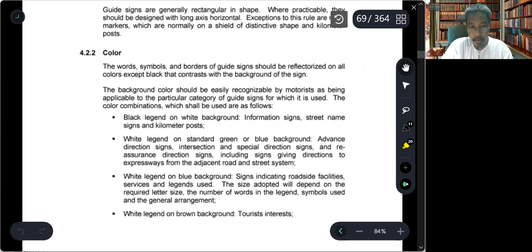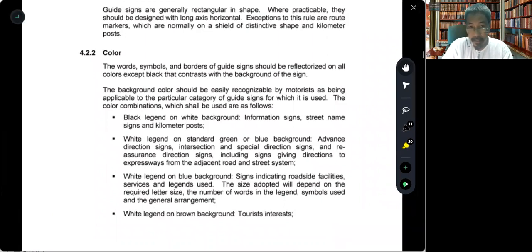Next, we have white legend on standard green or blue background. Green or blue background with white legend: advanced direction signs, intersection and special direction signs, and reassurance direction signs, including signs giving direction to expressways from adjacent road and street systems.